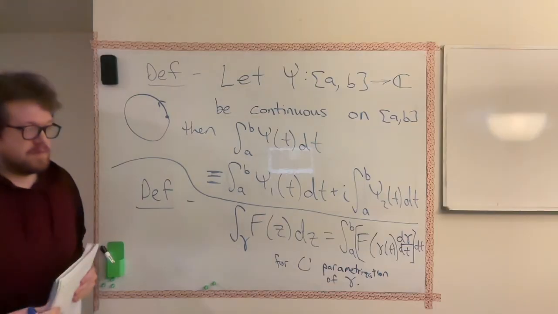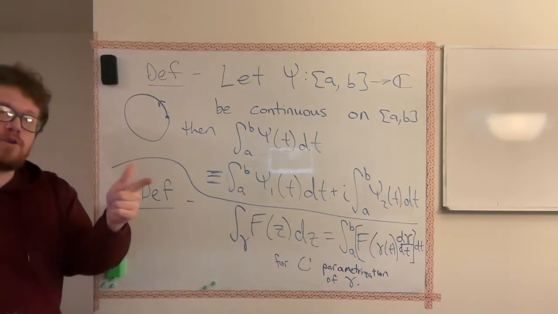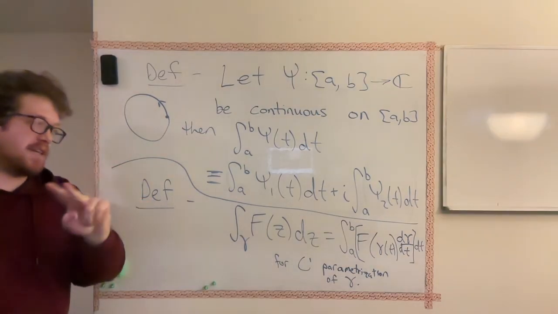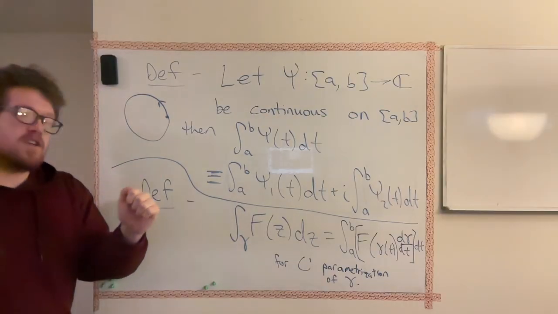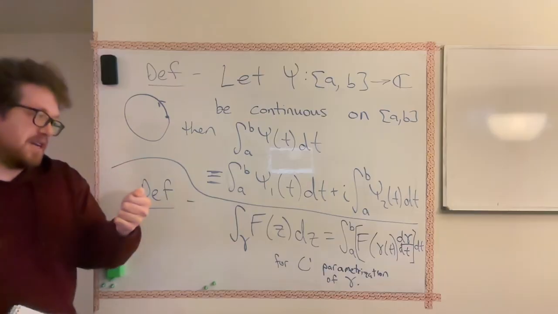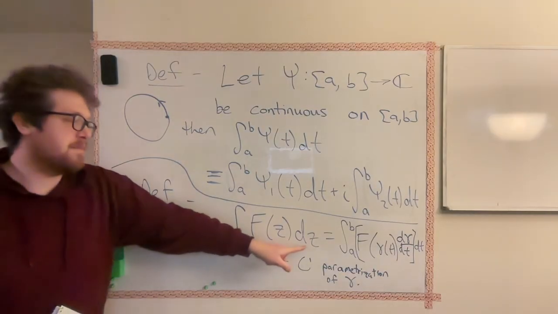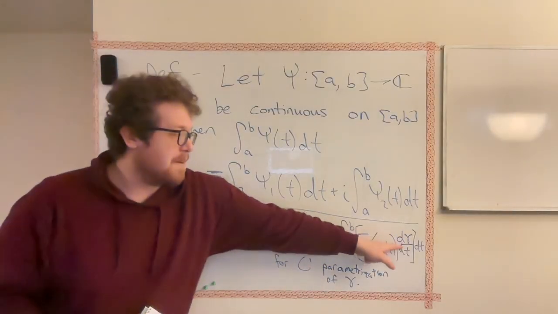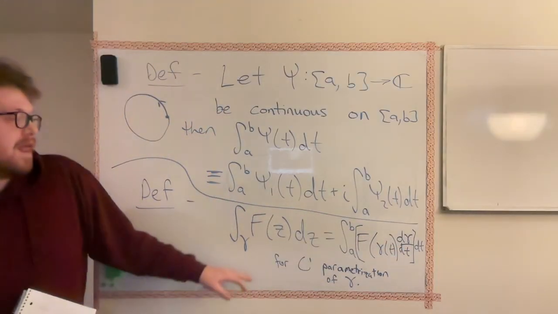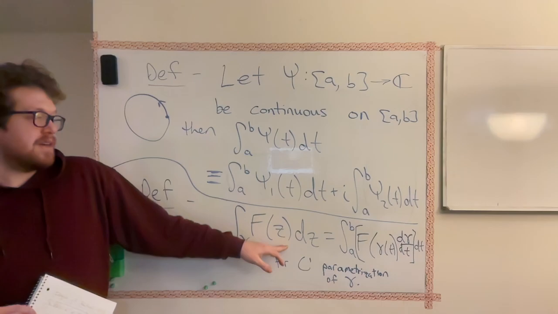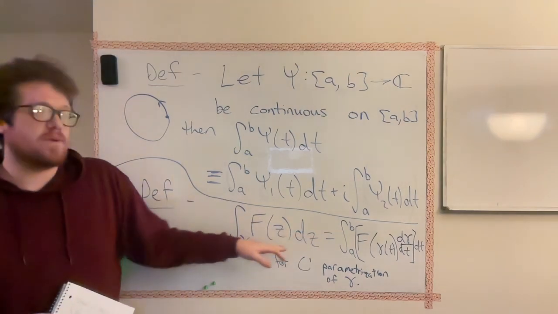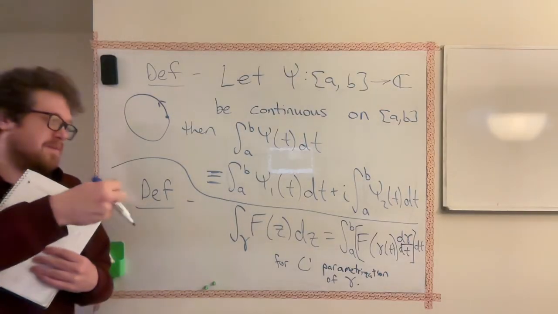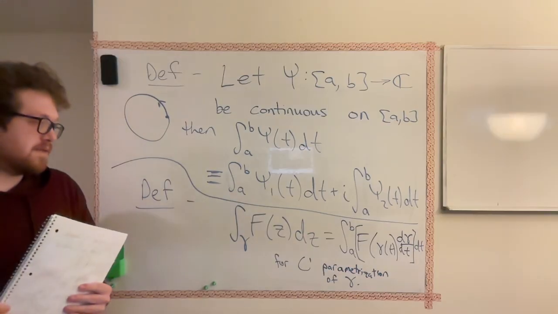Not only do we have two output variables, so it's like integrating two different functions, but we also have a multiplication structure that's getting integrated, because this is f of z times dz. f of z is a complex number, and dz, which is basically d gamma dt times dt, is a complex number as well. So we're multiplying two complex numbers together. It's sort of like an integral, but there's a little bit extra going on.